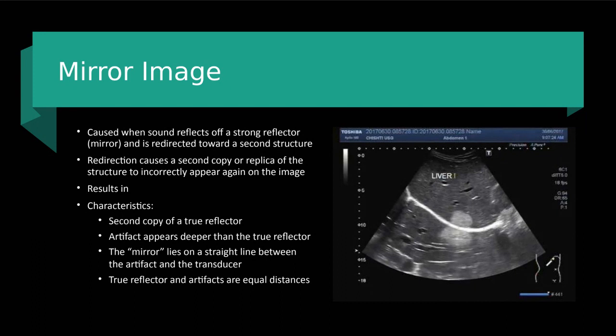The mirror lies on a straight line between the artifact and the transducer, and the true reflector and artifact are going to be located at equal distances. So you're always going to see it more posterior. That's how you can kind of tell what the true structure is. Sometimes you could see two masses in the actual organ, so you don't even have the boundary of the organ to help you.